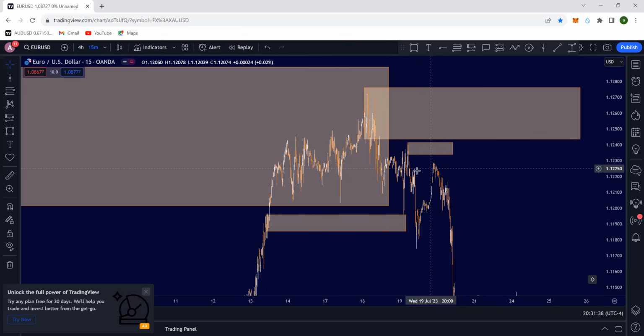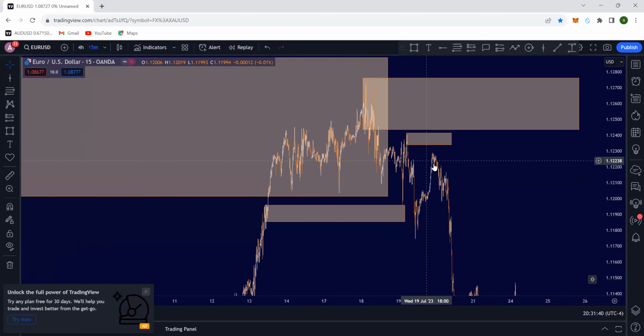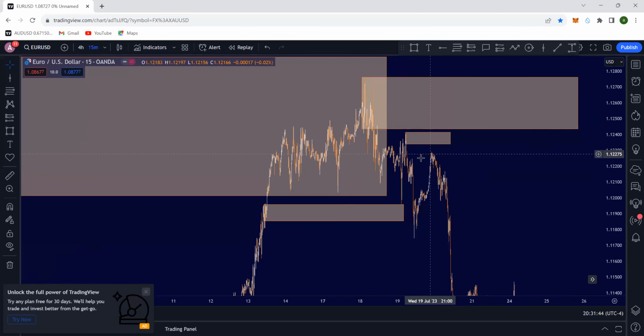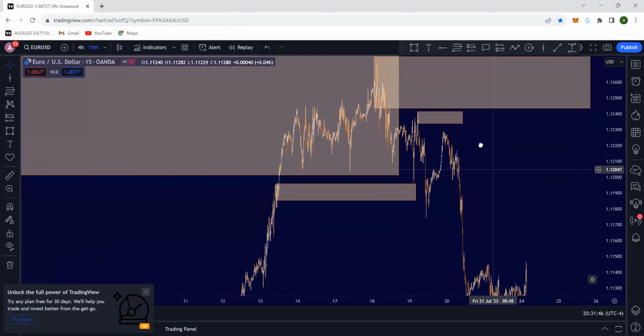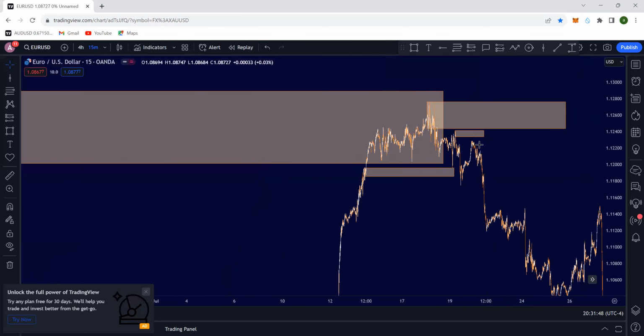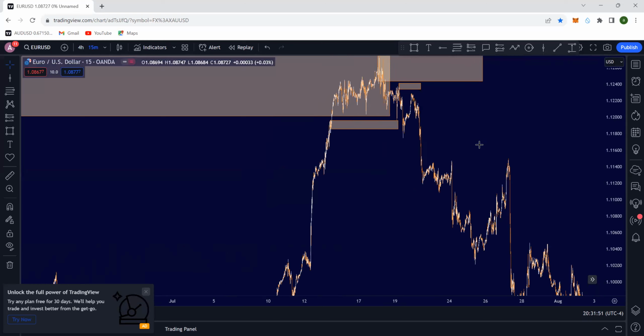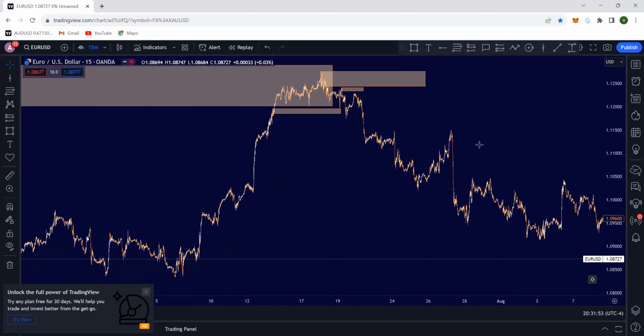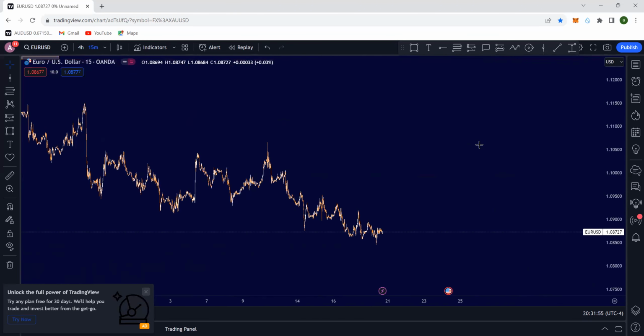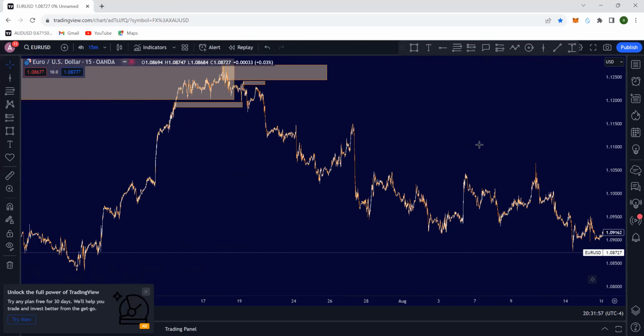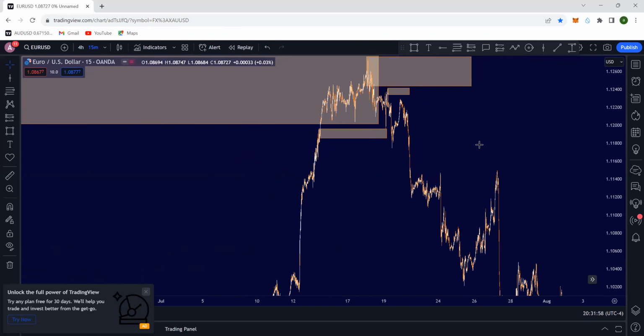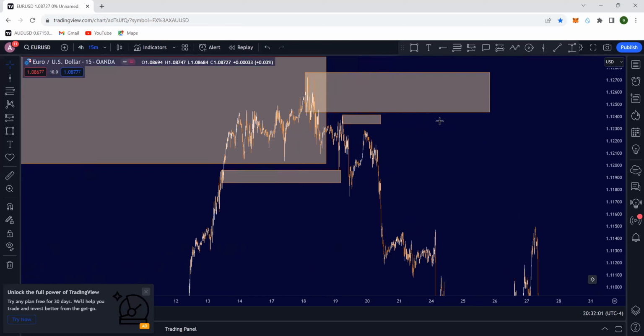I actually sent a setup like this to my Discord, which the market failed to trigger me. It was actually a huge loss, because assuming that trade had triggered, you would have seen this massive trade to the downside, almost more than 500 pips rolling.